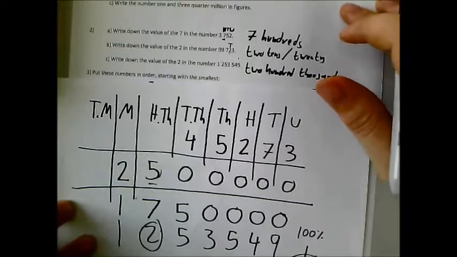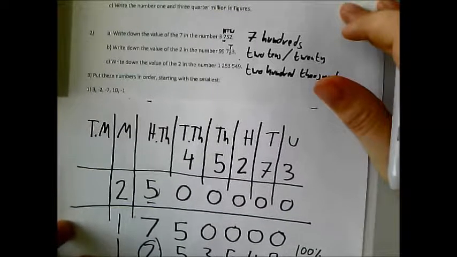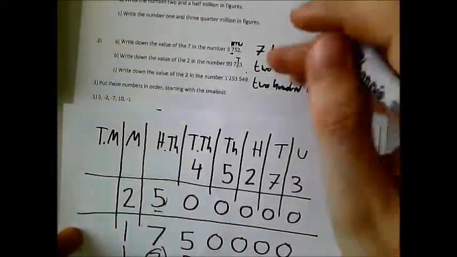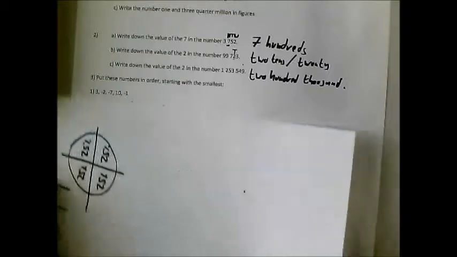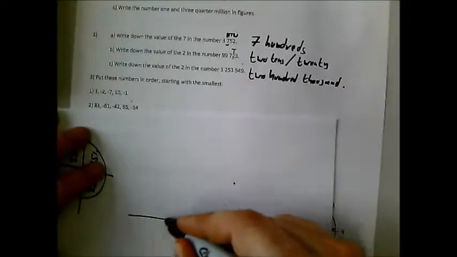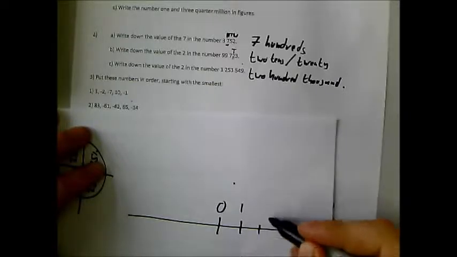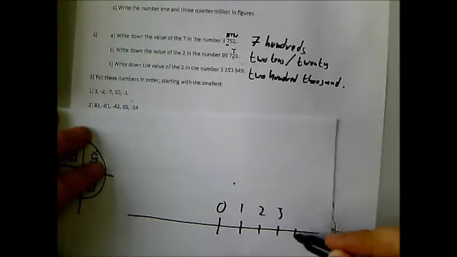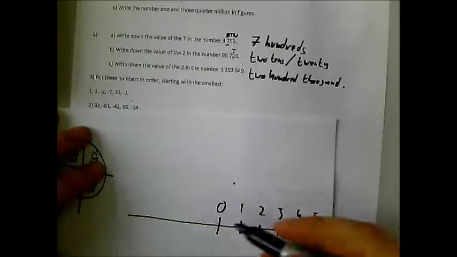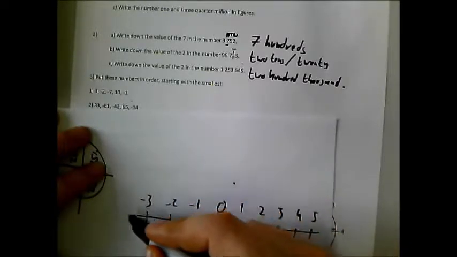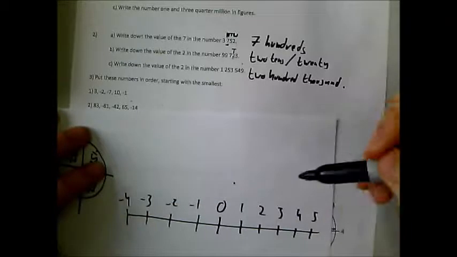Okay, question 3. Put these numbers in order starting with the smallest. So, if I think of a number line, I'll do a very small number line here. 0, 1, 2, 3, 4, 5, negative 1, negative 2, negative 3, negative 4.